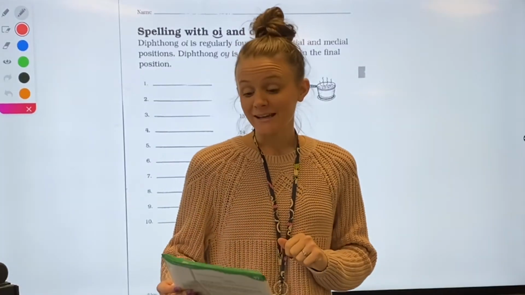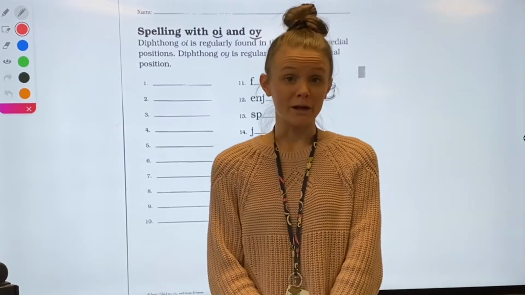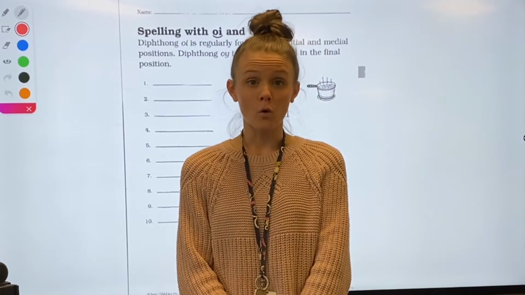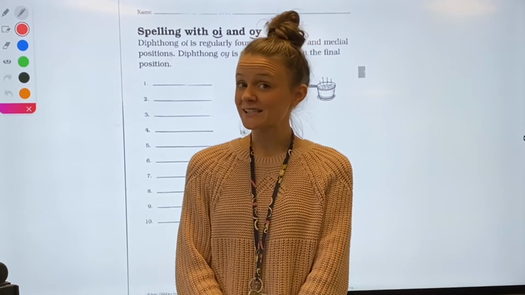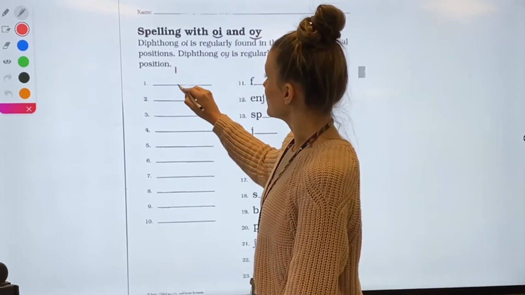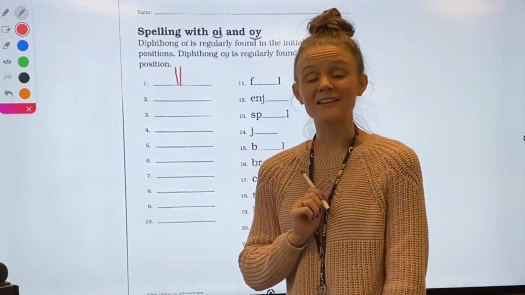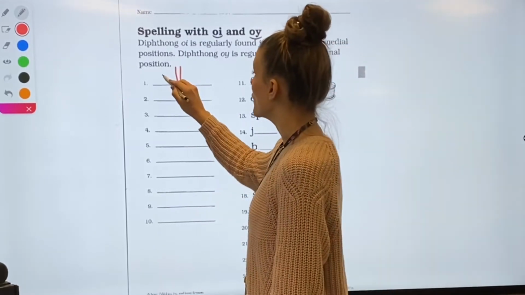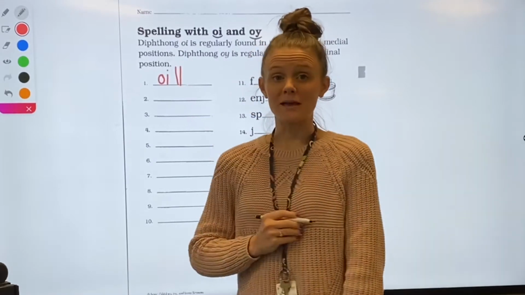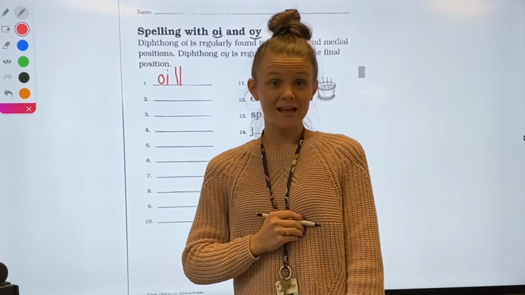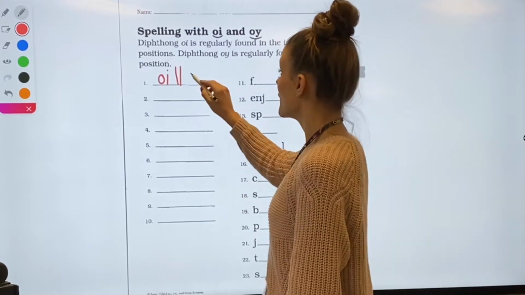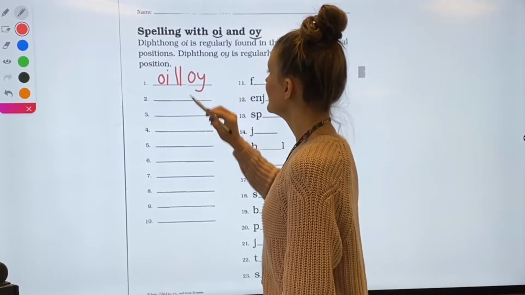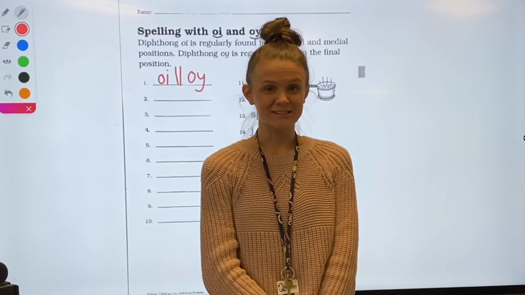For number 1, my letter sound is oi. Oi. This is that one we learned last week. I'm going to divide my line in 2 parts. At the beginning of a word, O-I can make the oi sound. And at the end of a word, O-Y can make the oi sound.